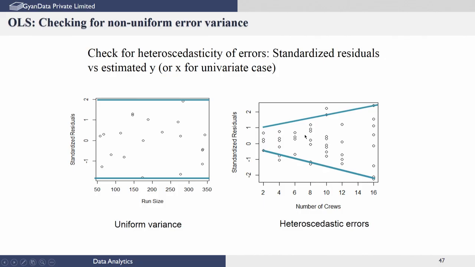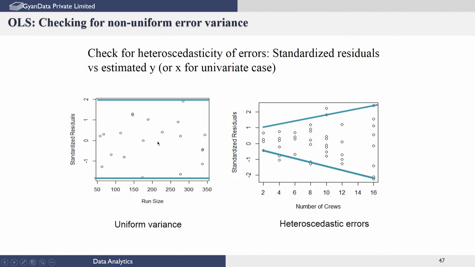For example, on the right hand side we find that when the predicted value is minus 2 the spread is very small, whereas when it is 16, the spread is very high. So, the spread increases and looks like a funnel when we look at the residuals, whereas such an effect is not found in the data set on the left hand side, where there is no particular trend in the residuals.